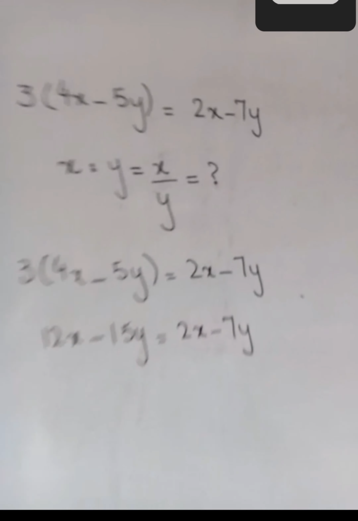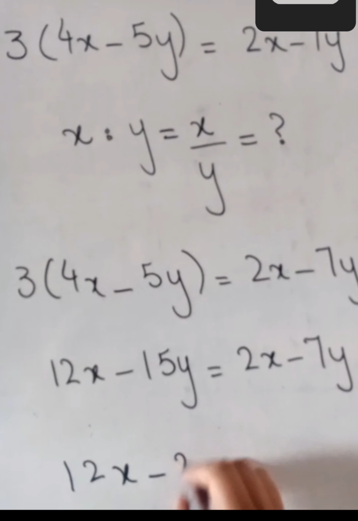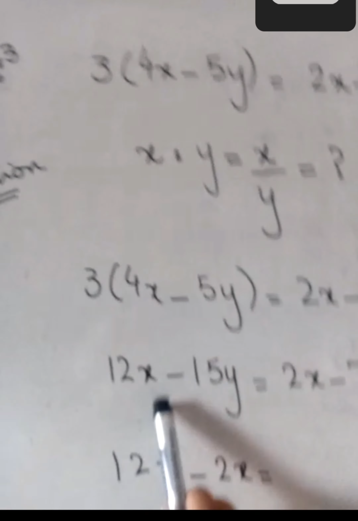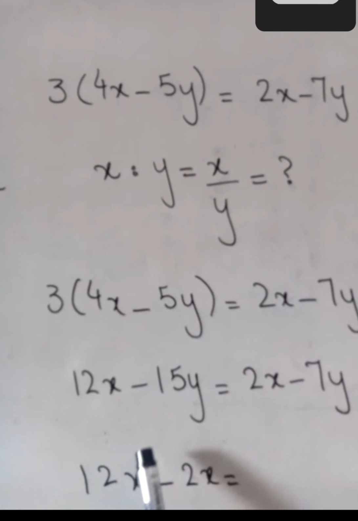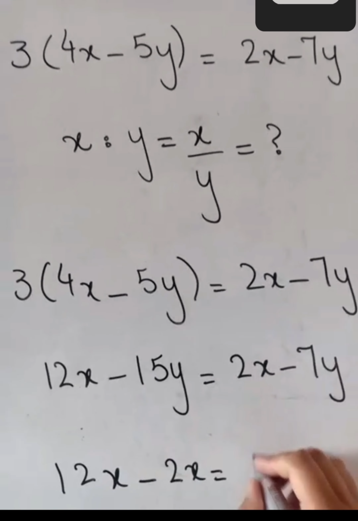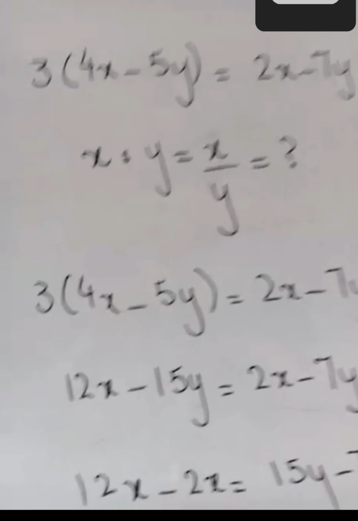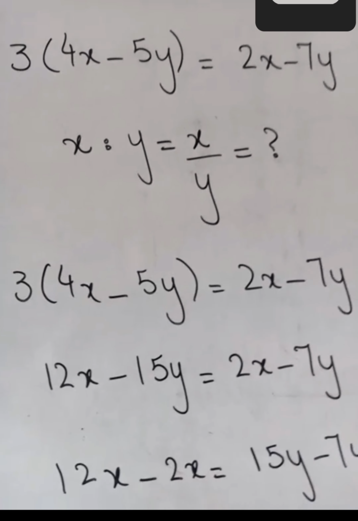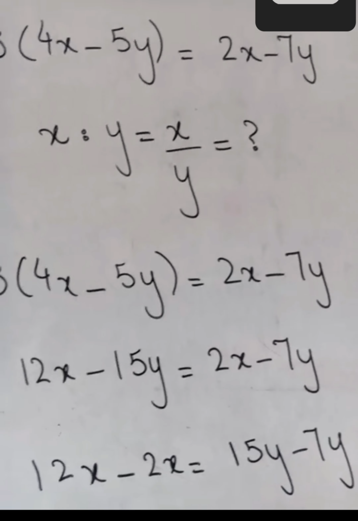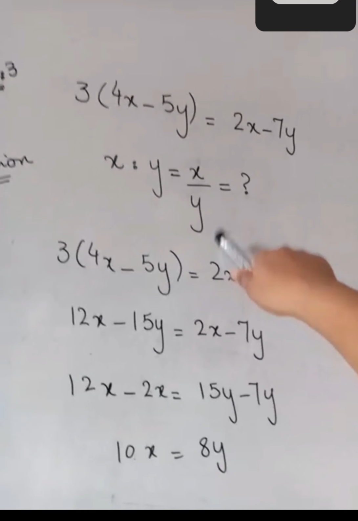Separate out the terms that are of x, 12x minus 2x. Separate out y with y, same variables, shift them aside. 12x minus 2x, this minus 15y will be plus 15y minus 7y. Here it will be 10 times x is equal to 8y.